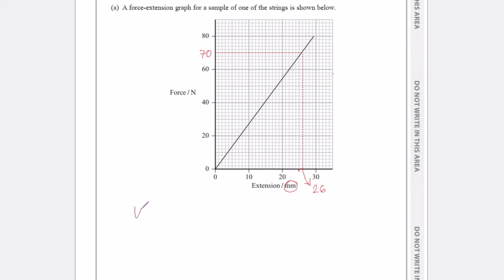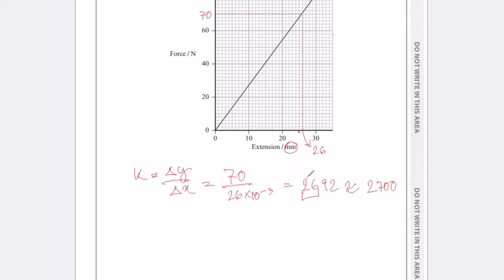So the stiffness, which is K, is equal to change in y-axis by change in x-axis, which is basically the gradient of the graph. So change in y-axis is 70 divided by change in x-axis is 26 times 10 to the power minus 3, which gives you, so the value I got is 2692. 2692 rounded off to 2SF is 2700.